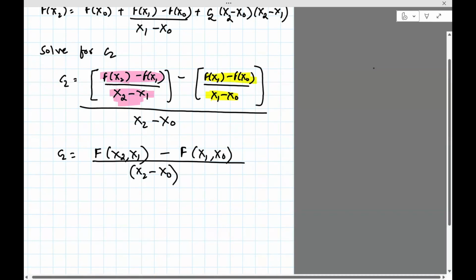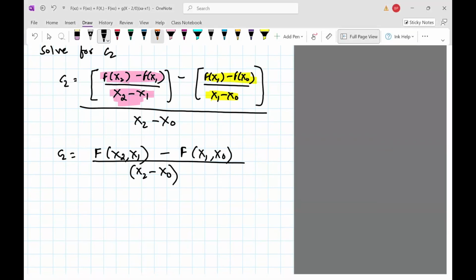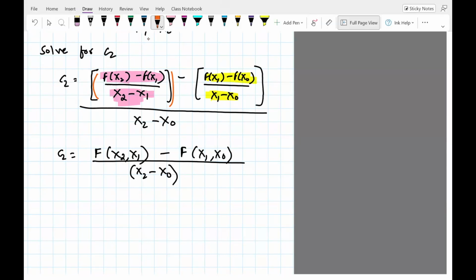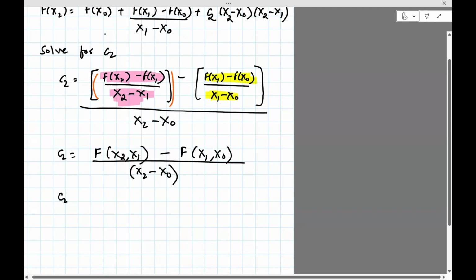That term, the C2, looks a lot like what we have over here. Lowercase f has one argument x2, while uppercase F has two arguments, but the form is the same. We have x2 x0 sort of. So we will use the same notation to write this down. We'll write it as F x2 x1 x0. Now it has three arguments.